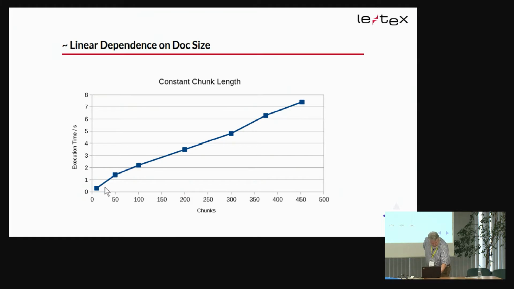In the beginning, it's a bit faster because the first pages, I mean, the constant chunk length here is not exactly true. Each page has its own length, and the front meta pages tend to be a bit shorter.